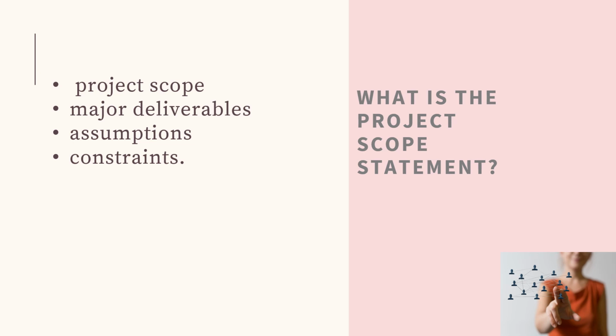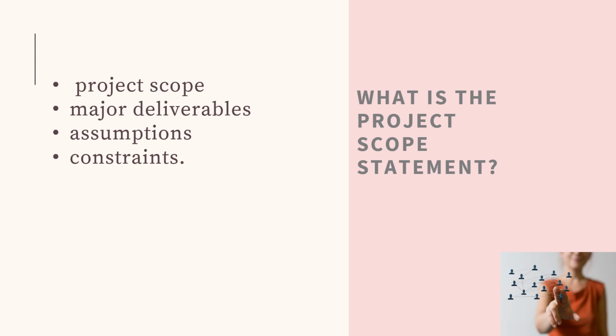The project scope statement documents the entire scope, including the project and the product scope. So it describes the project's deliverables in detail. It also provides a common understanding of the project scope among the project stakeholders. It can contain explicit scope exclusions that can assist in managing stakeholder expectations.